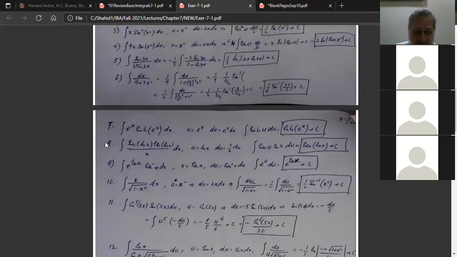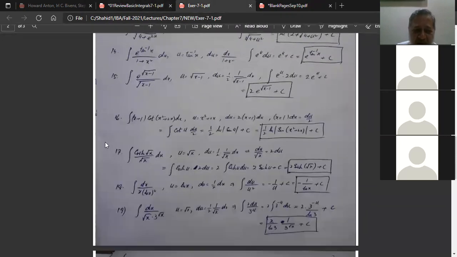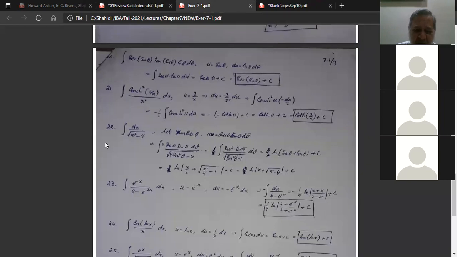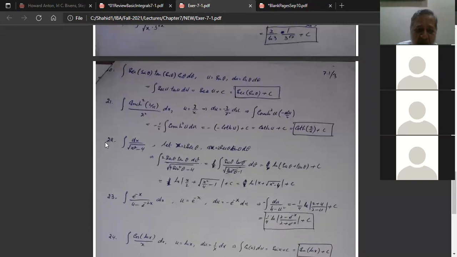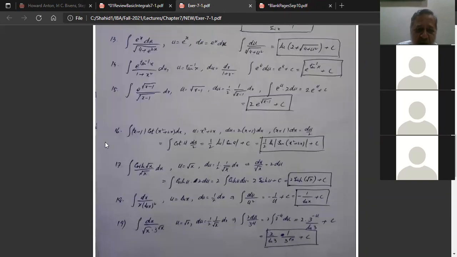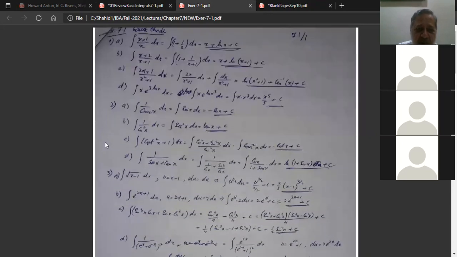I have here exercise 7.1, almost all solved in detail, but I don't think I'll share the complete solution of the exercise 7.1. You go through exercise 7.1 as early as possible.